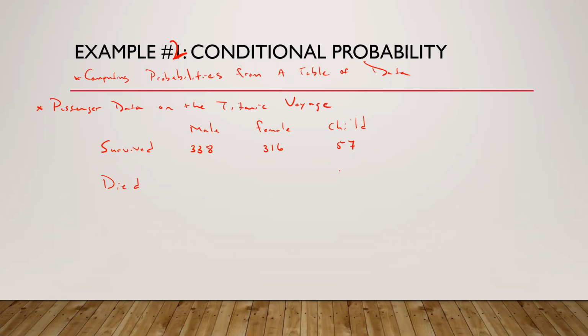Unfortunately, there were 52 children who died on the Titanic. Yes, this is real info, Jamie. I'm not making this up. There were 109 females who died, and then there were 1,352 males who died on the Titanic.